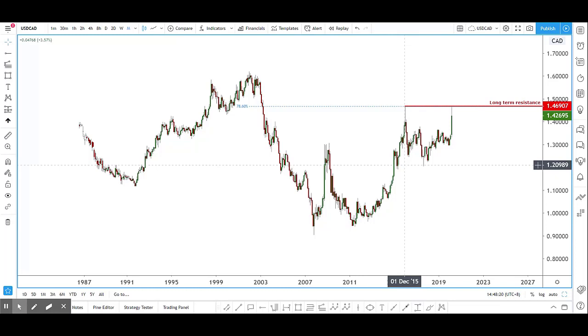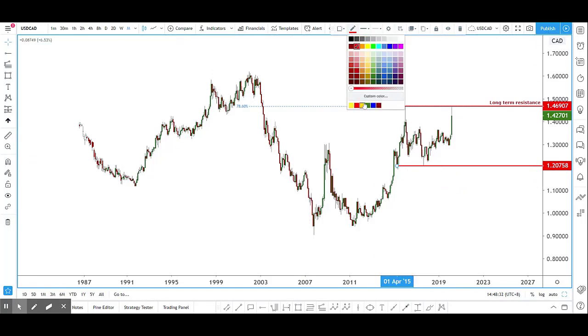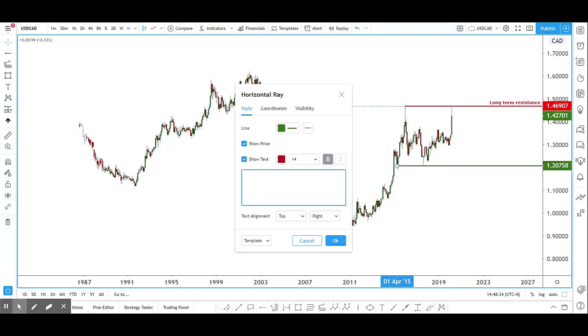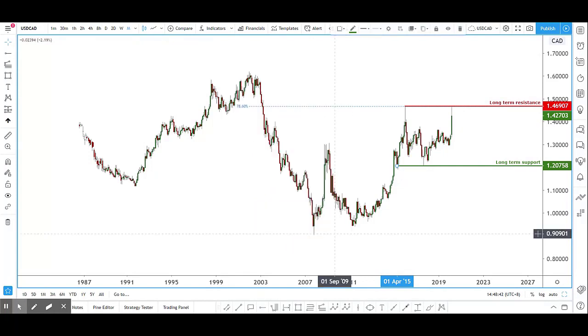And in terms of supports, what I can see here is this one strong graphical support. Highlight this level, and let's call this our long-term support. What I like to do is also to use Fibonacci ratios to find confluences at that level.